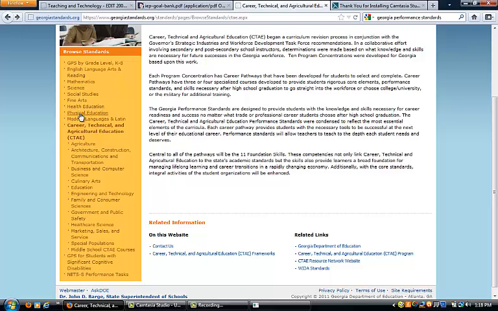I would keep within these areas, because health education and physical education both have to do with those. Most of you will fall under the career, technical, and agricultural education standards. Even though it's spelled CTAE, we pronounce it the CATE standards.